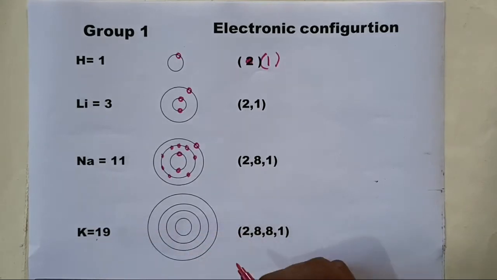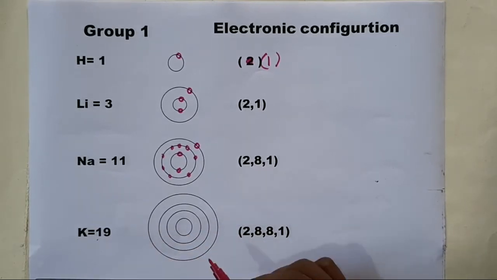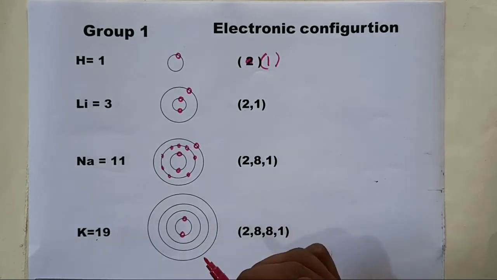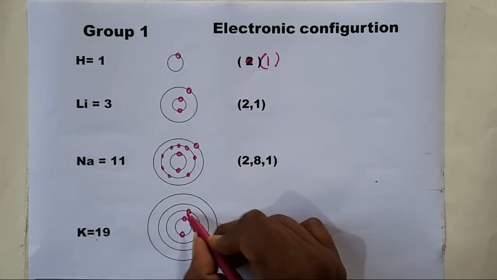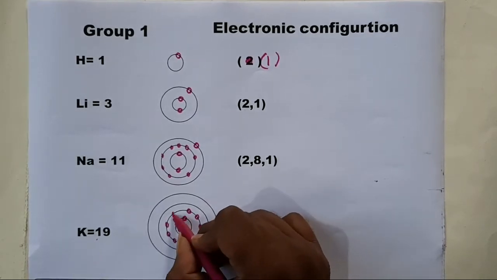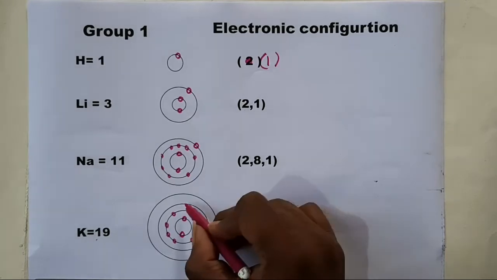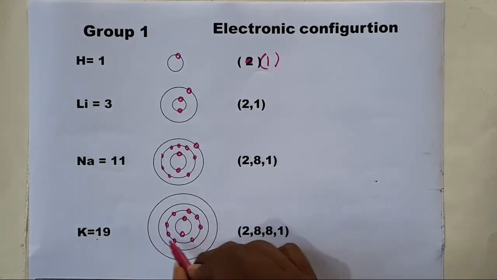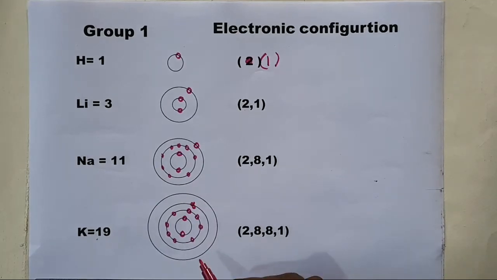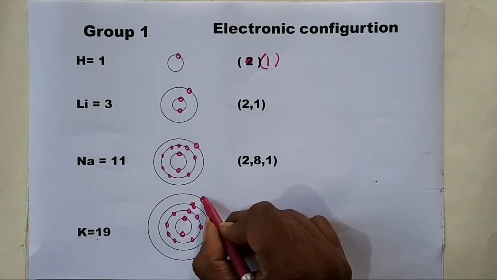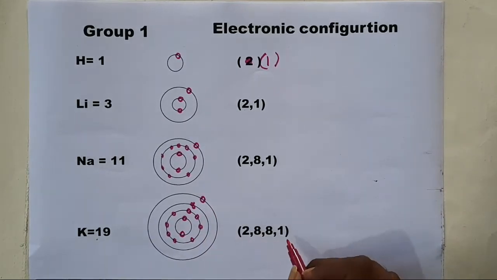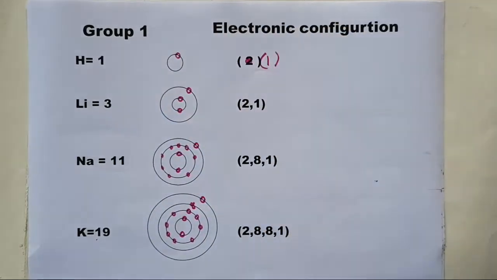Now K 19, that is potassium, atomic number is 19. Similarly here 2 electrons. Here 1, 2, 3, 4, 5, 6, 7, 8. 8 electrons, and the remaining is 9 electrons, in which here you can put only 8 electrons and the remaining is 1 electron. So 2, 8, 8 and 1. Now in group 1, what do you observe in common?